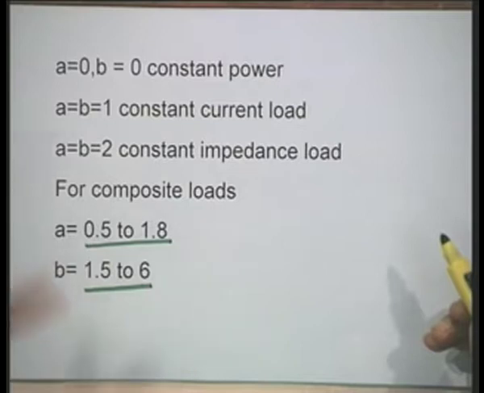Again, it depends upon what is the composition. Now, here the loads which we represent by static loads generally have very high response, in the sense that when the voltage and frequency change, the power consumed also changes practically instantaneously. There is no time delay, right, and therefore, at any instant of time they can be represented as static loads, and the variation can be represented using algebraic equations.